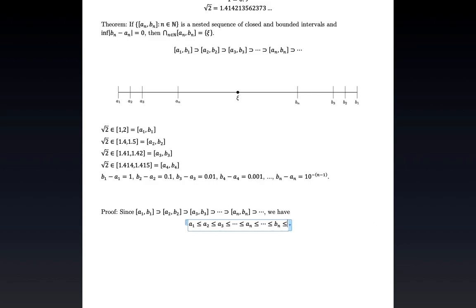This goes on again. Then over here, this is Bn, less than or equal to B3, less than or equal to B2, less than or equal to B1. So this happens.